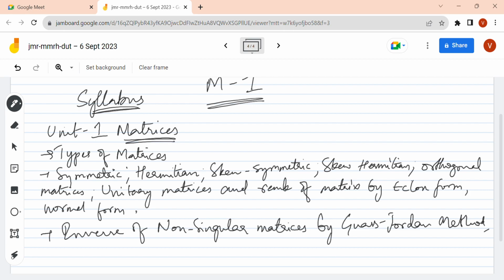System of linear equations. Solving system of homogeneous and non-homogeneous equations, that I will write in the next page. You can take this part till here, or you can take a screenshot of it.